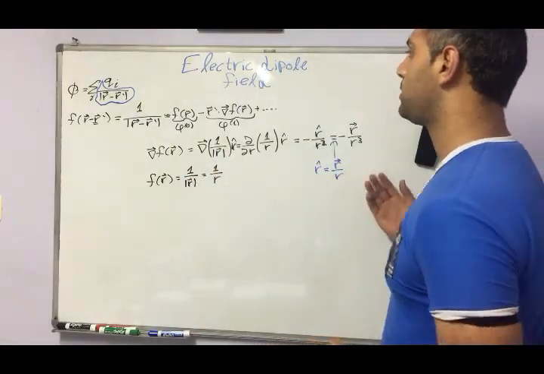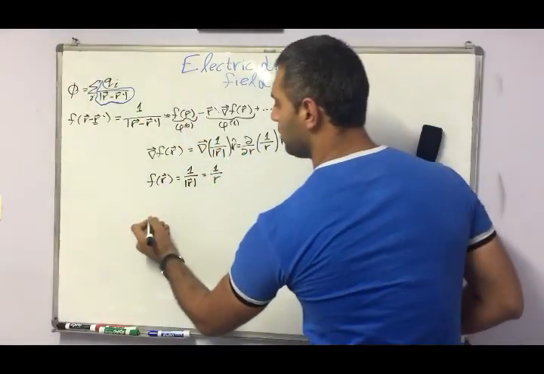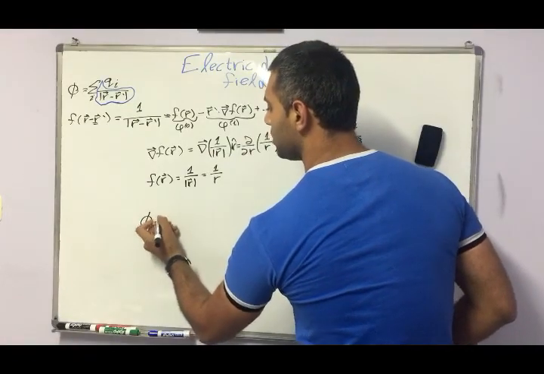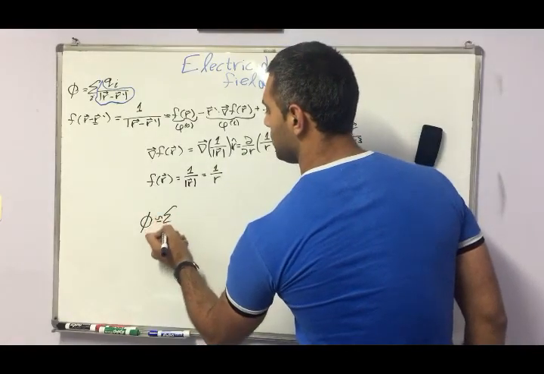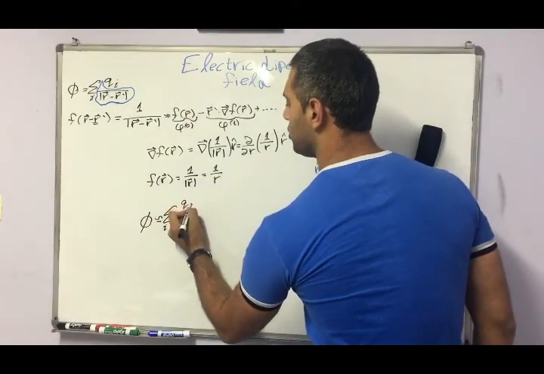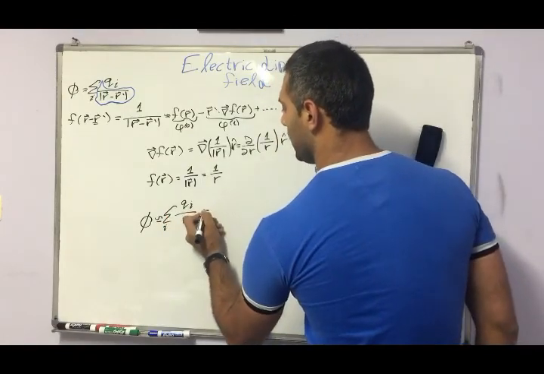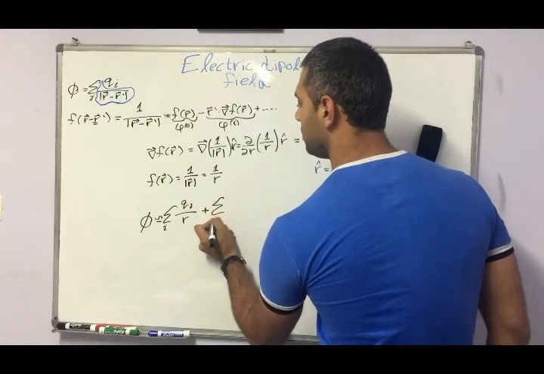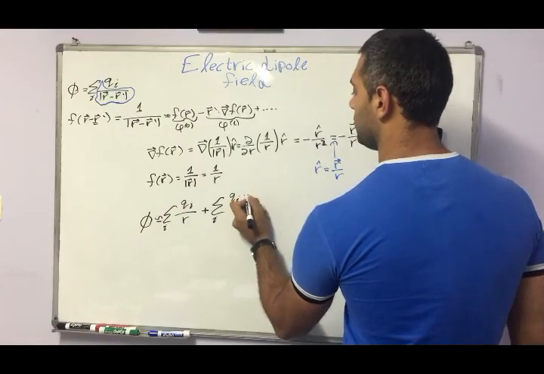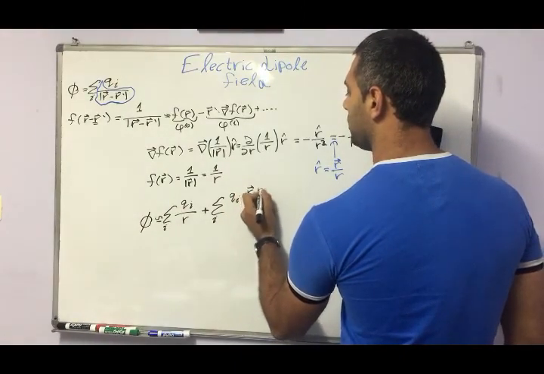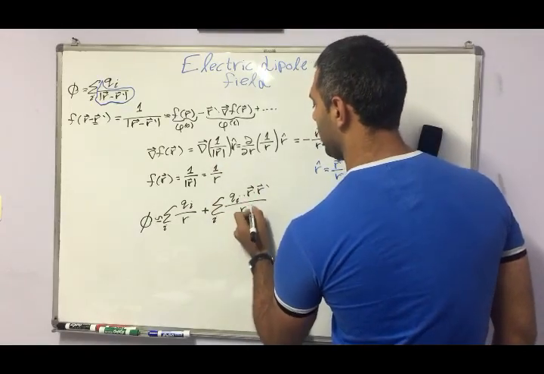Okay, if we go back to here and substitute it into the potential, we get that the potential is the summation over all the charges over r plus the summation over all the charges dot r tag over r cubed.